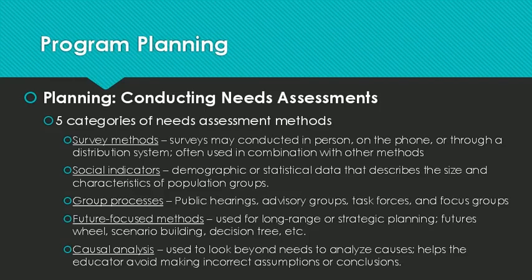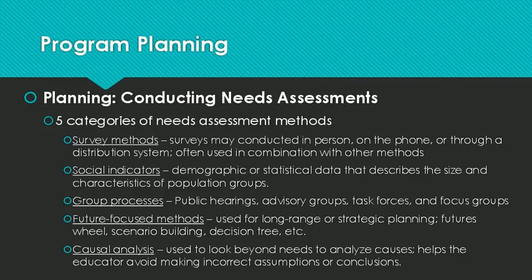There's also group processes, which directly involves our stakeholders, and this can include public hearings, advisory groups, task forces, and focus groups. I'll show some specific examples from some of my program advisory committee meetings, where I was conducting a needs assessment with a lot of our key stakeholders.